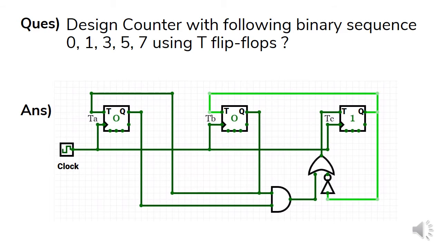Question: design a counter with the following binary sequence 0, 1, 3, 5, 7 using T flip-flops. As you can see in the diagram, it changes state from 0 to 1, then 3, then 5, then 7, and finally to 0.